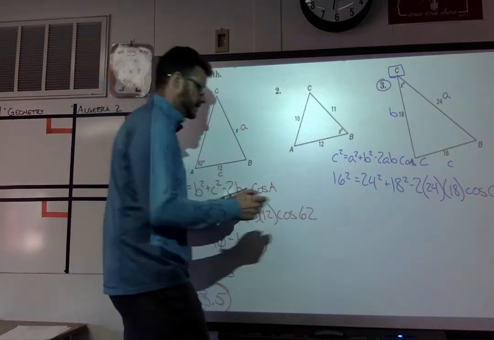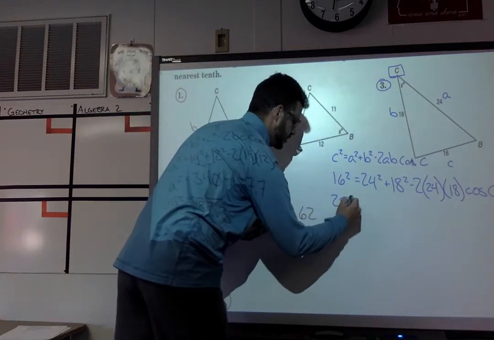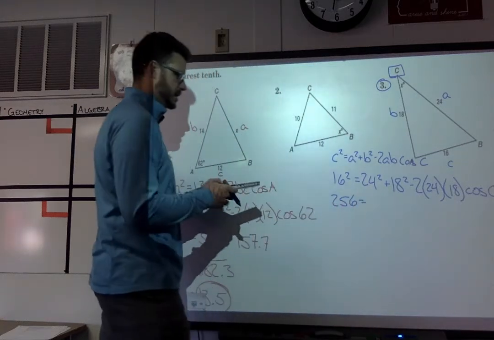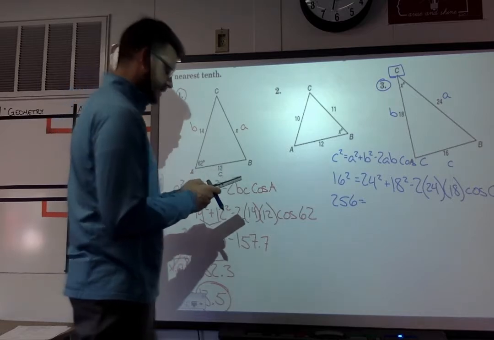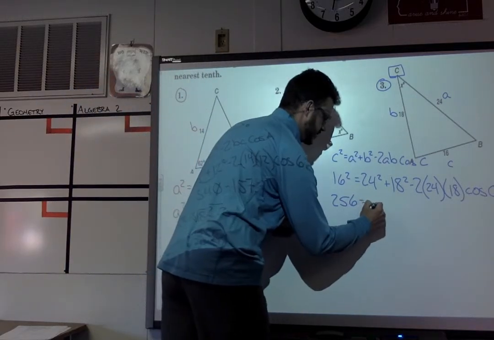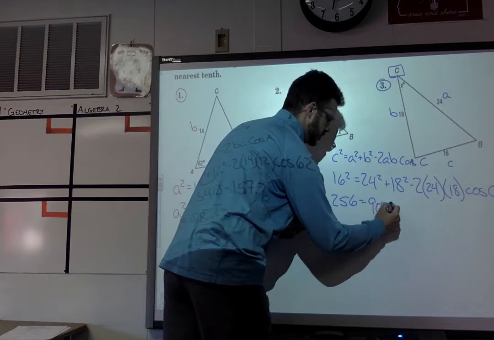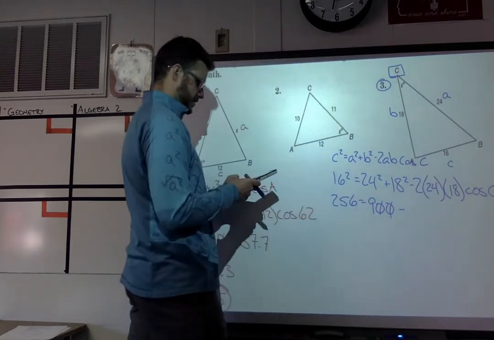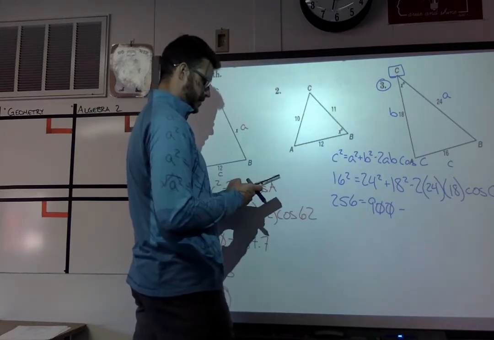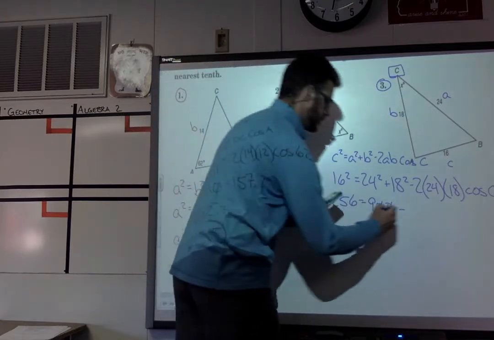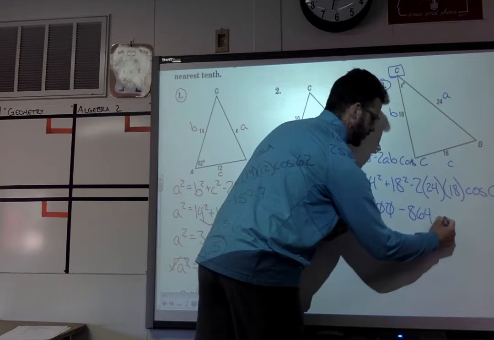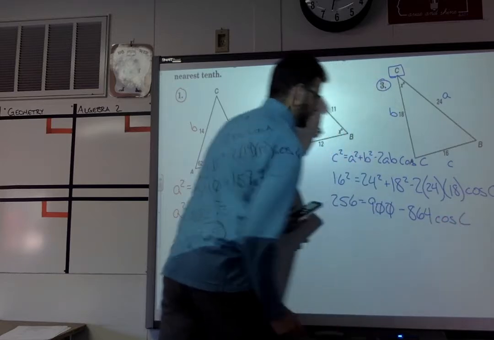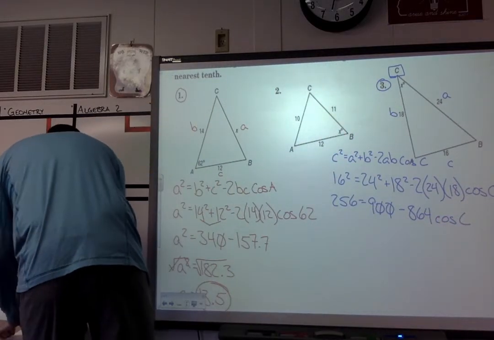So 16 squared gives me 256 is equal to 24 squared plus 18 squared, which gives me 900 minus 2 times 24 times 18, which is 864 times the cosine of C.